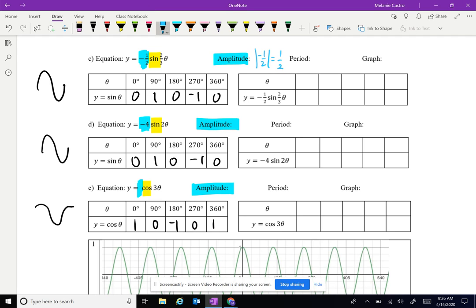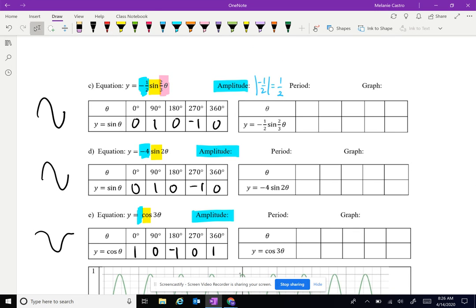The period is going to be the opposite of whatever's happening down there. So the formula for the period is the one that's the hardest. That's 360 divided by b. So because b is 2/3, we're going to do the opposite of that.